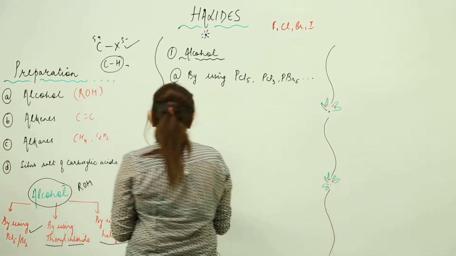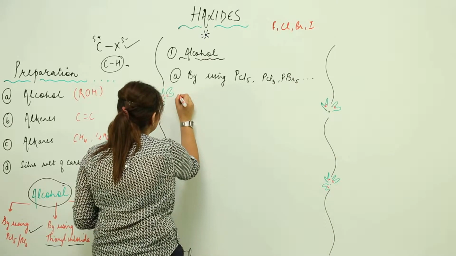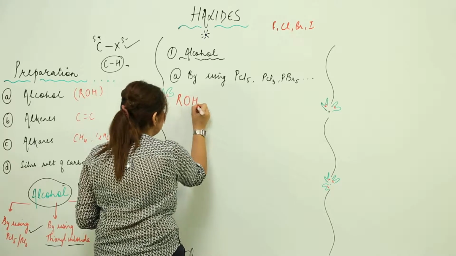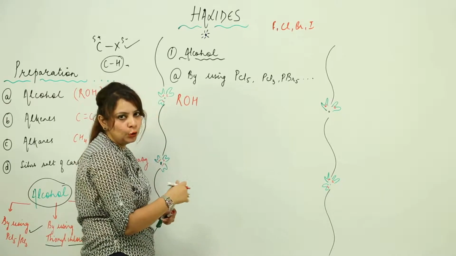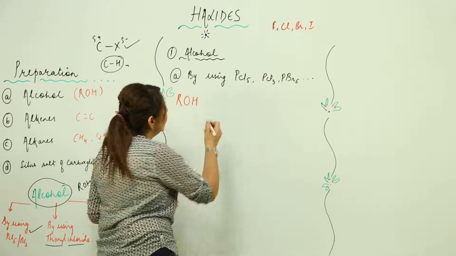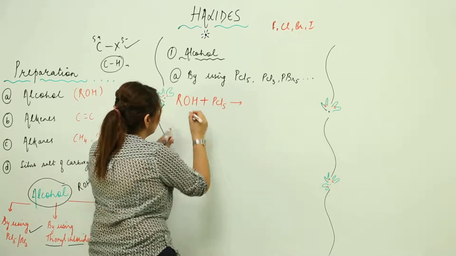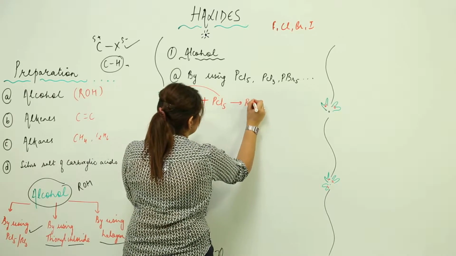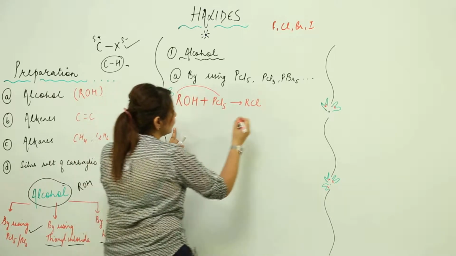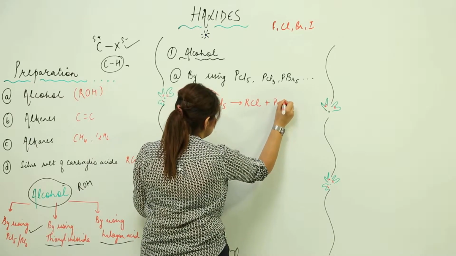So let's look at the general reaction. Let us say this is alcohol, right, any alcohol. R can be anything, you know that, ranges from 1 to many. We are adding PCl5. So what do we get? We get our alkyl halide, that is RCl. Along with that we get POCl3.